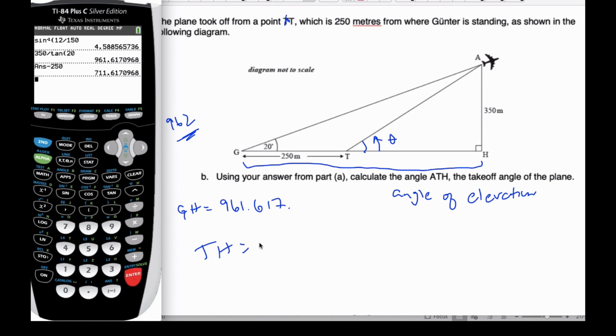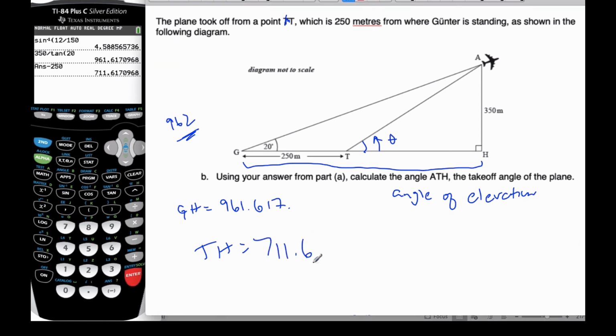Even though I'm only going to write 711.6, I'm going to use all these decimals in my calculation. To find theta, this is opposite and this is adjacent, which is tangent. So tangent theta is equal to 350 over 711.6, and I'll use all of those decimal places.